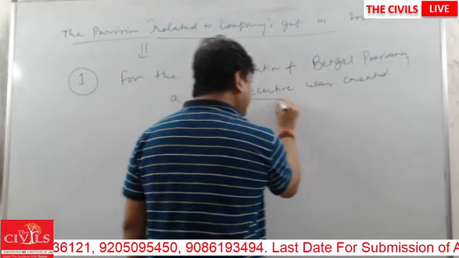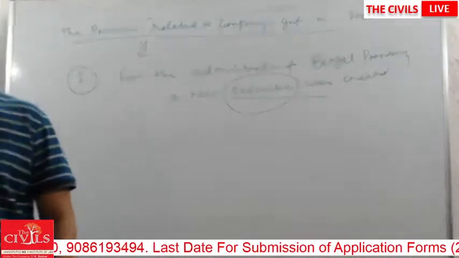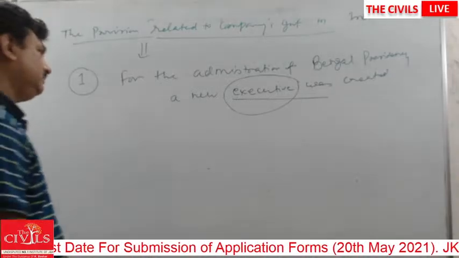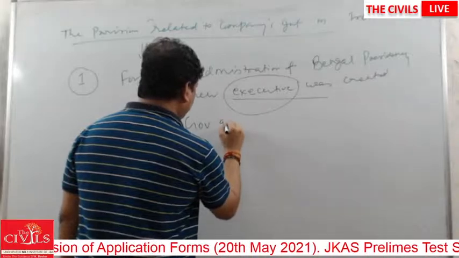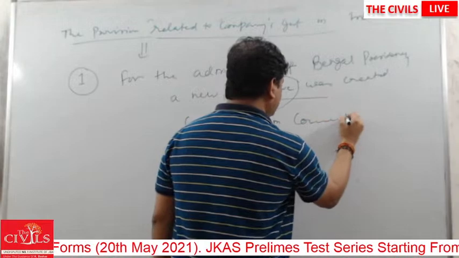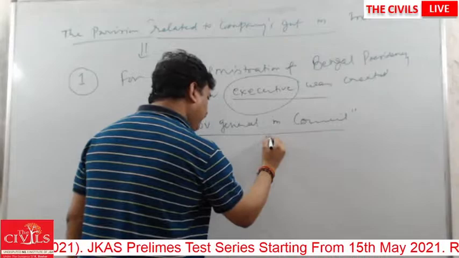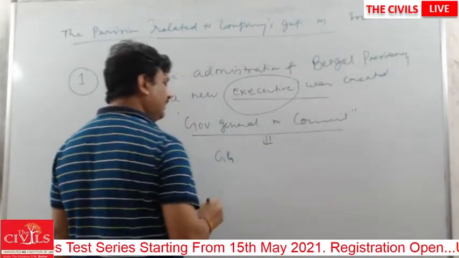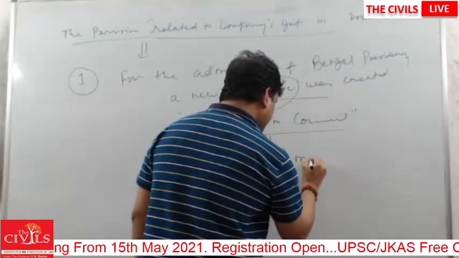Okay, and this new executive was known as Governor General in Council. Okay, this council had 5 members: the Governor General plus 4 members.